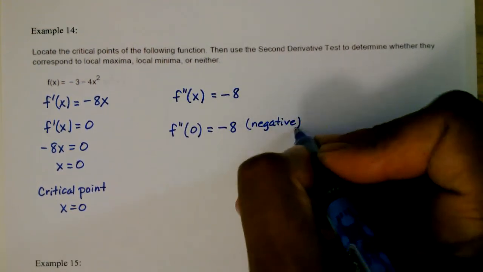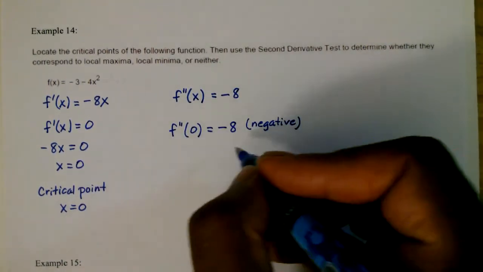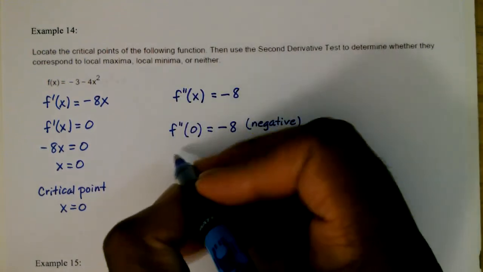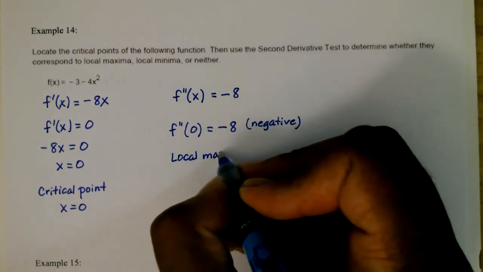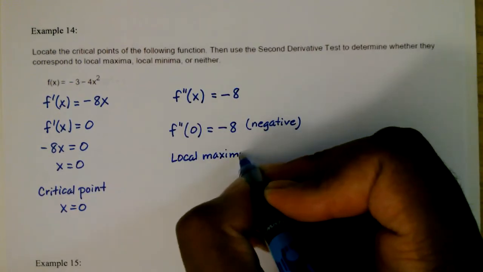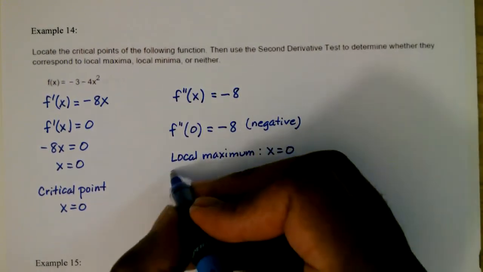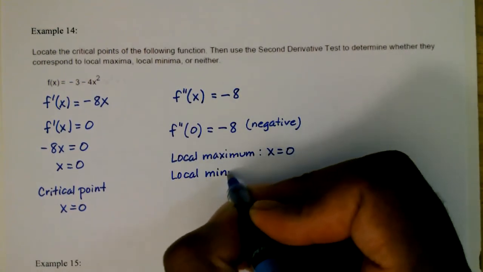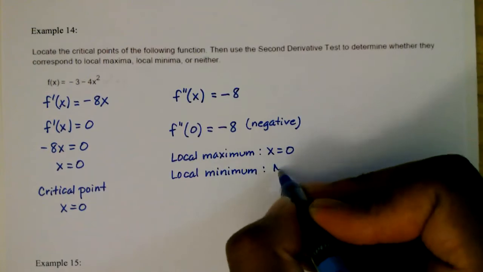That tells me that I have a local maximum because f double prime at 0 came out to be a negative number. So my local maximum was at x is equal to 0. For the local minimum, there is none.